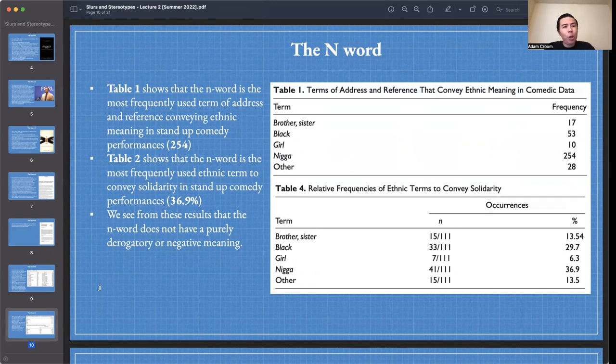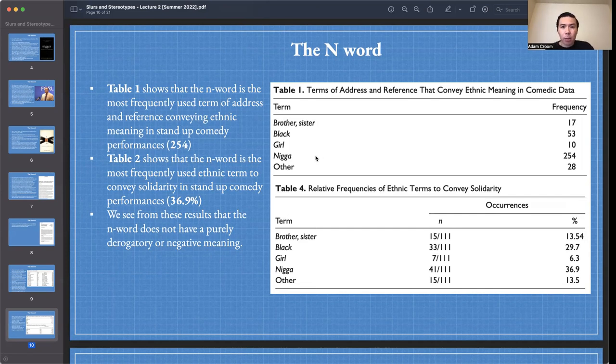Well, table 1 shows that the N-word is the most frequently used term of address and reference, conveying ethnic meaning in stand-up comedy performances. So we see here in table 1 that although different words can be used as terms of address and reference, the N-word is the most frequently used.